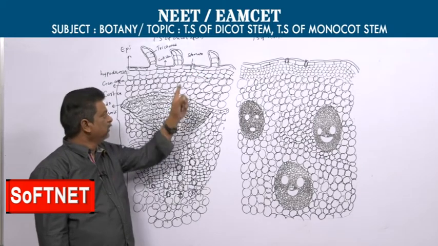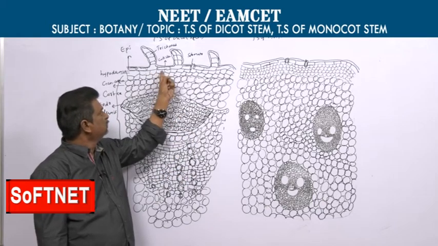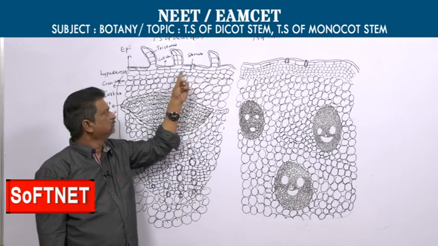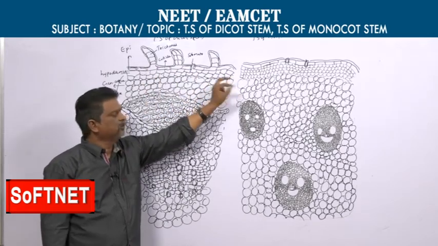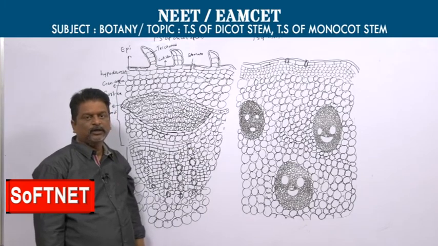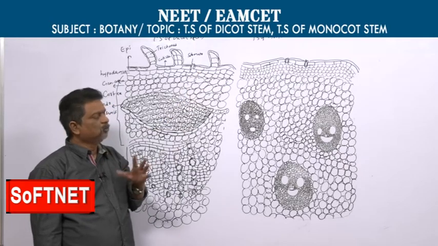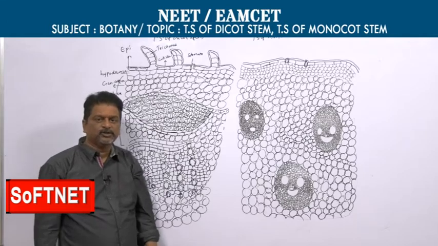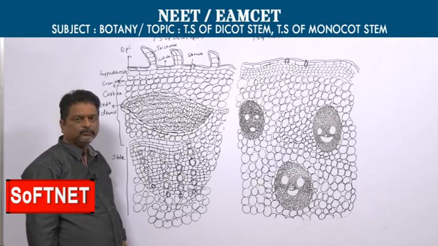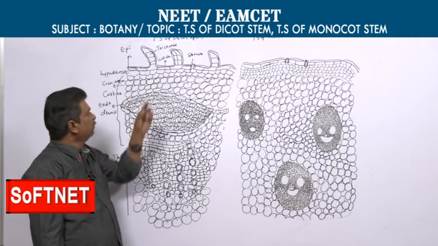Then in helianthus, sunflower, this collenchymatous hypodermis is homogeneous. It forms a continuous layer. And in cucurbita, it is opposite. In cucurbita, collenchymatous hypodermis forms a discontinuous layer.